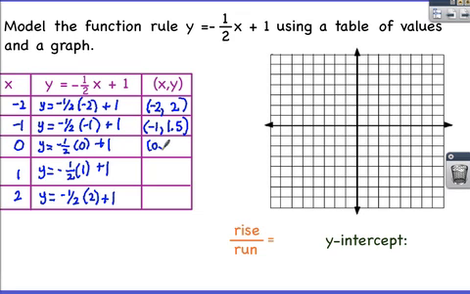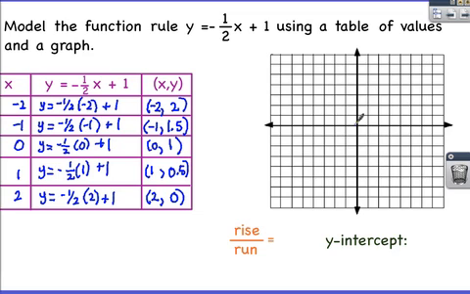For 0, negative 1/2 times 0 is 0, so we add 1 to that and get 1. With 1, we have negative 1/2 times 1, which is negative 1/2, plus 1, which gives us 1/2. And finally, with 2, negative 1/2 times 2 is negative 1, plus 1 is 0.